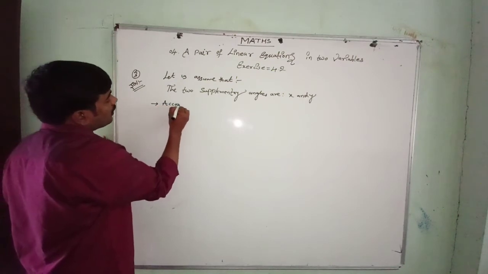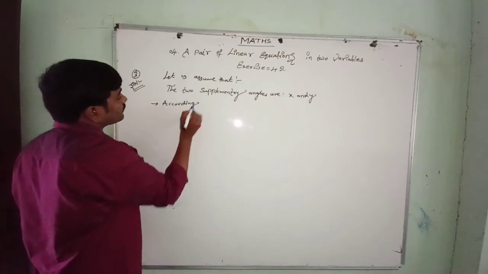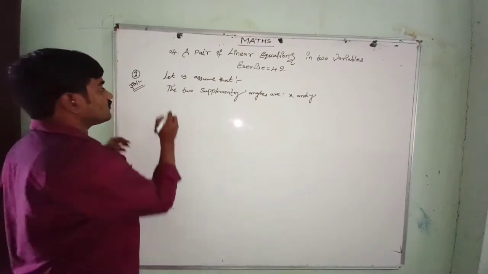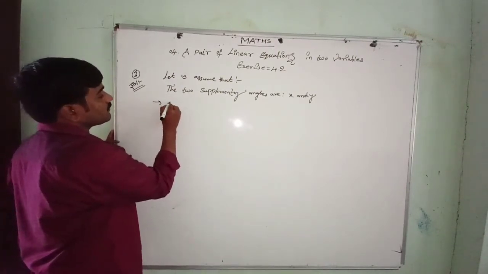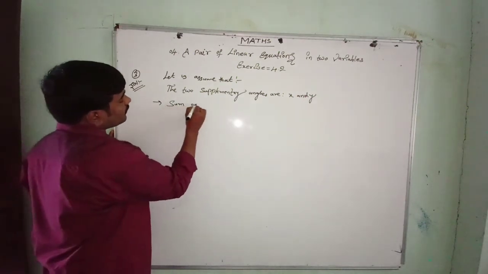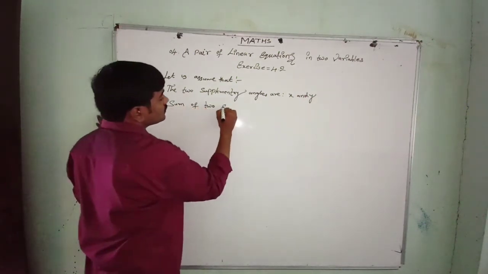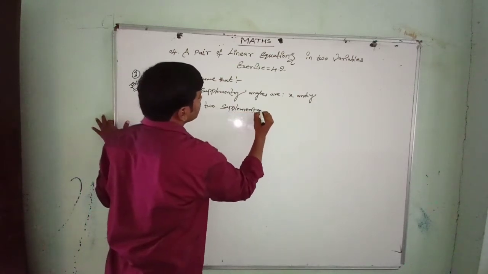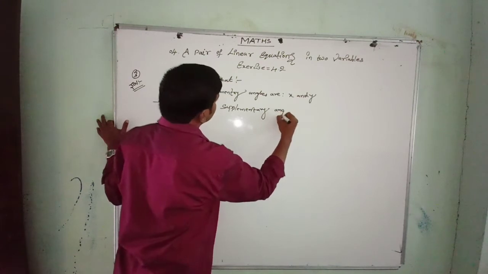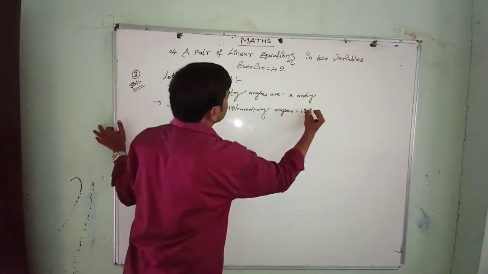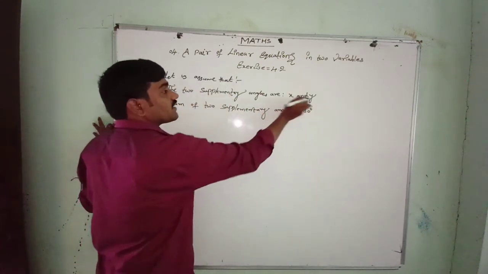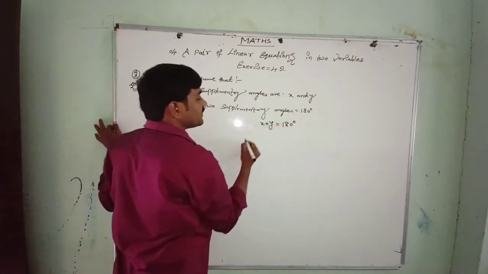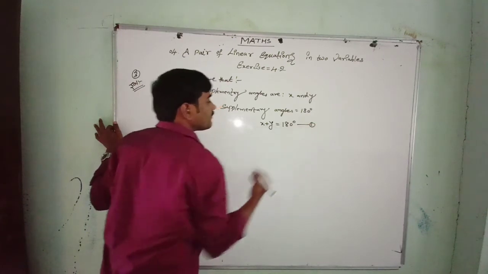According to the statement, the sum of two supplementary angles is equal to 180 degrees. That means adding these two angles, x plus y equal to 180 degrees. This is equation number 1.